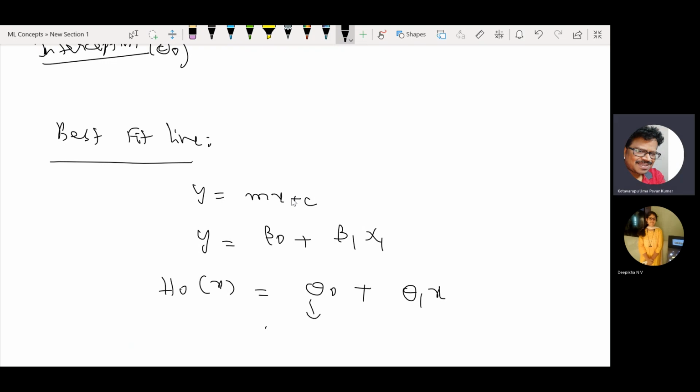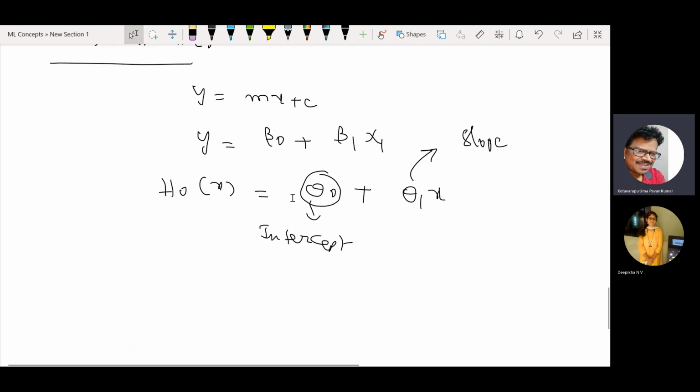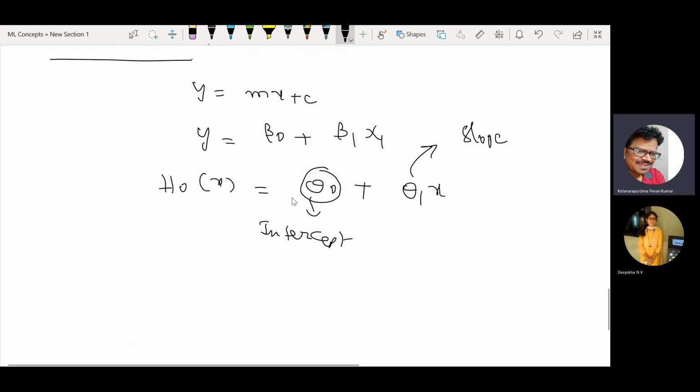Just now we have seen this is the intercept, where the line originates, and this theta 1 is of course the slope. The intercept is nothing but the value of y with respect to x, the starting point.